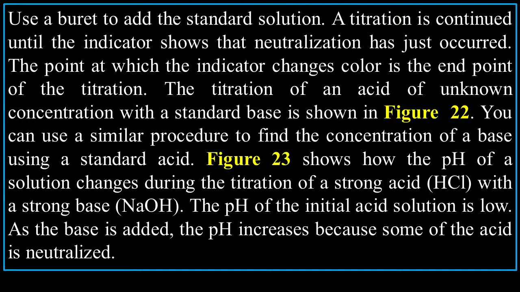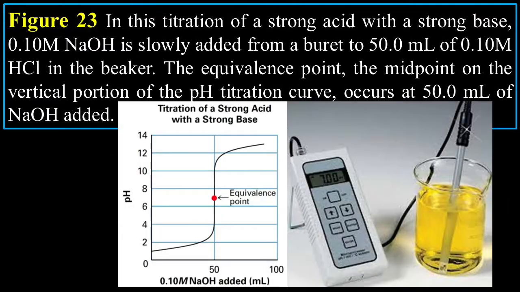Figure 23 shows how the pH of a solution changes during the titration of a strong acid with a strong base. The pH of the initial acid solution is low. As the base is added, the pH increases because some of the acid is neutralized.